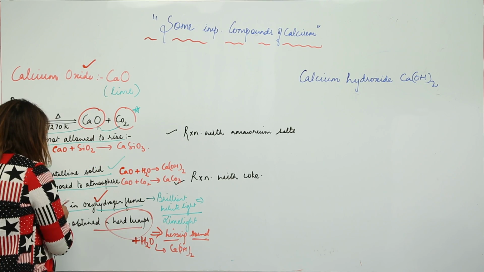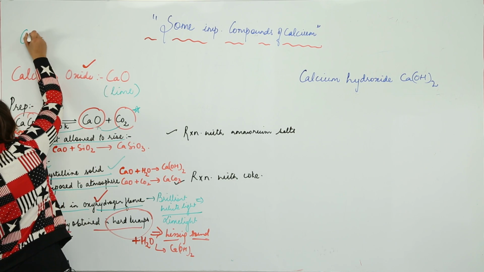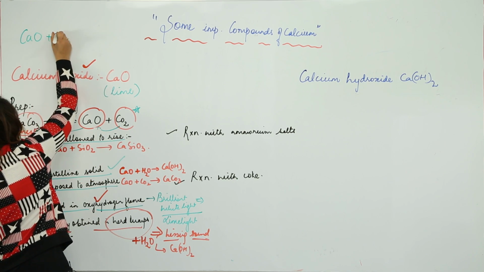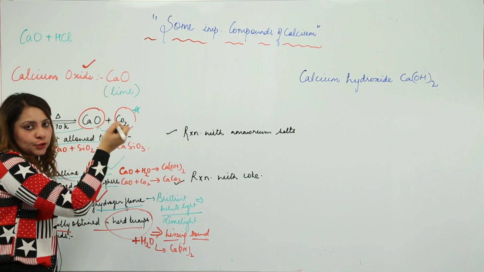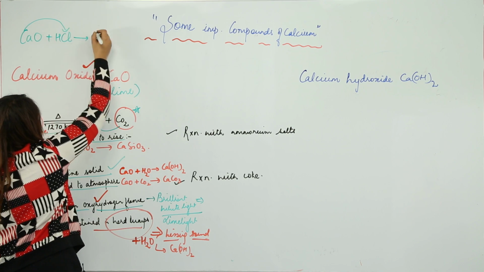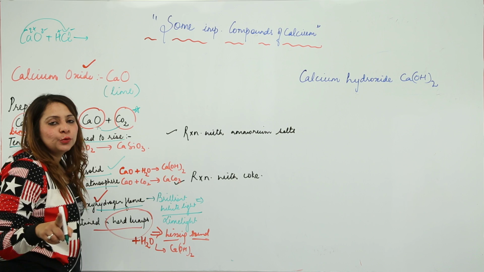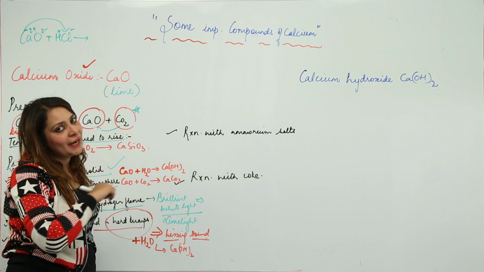Next is how they behave with acids. I am going to write the reaction here. Suppose I have the lime, and I am going to take an acid, let's say hydrochloric acid. How does the reaction occur? We know that it is going to react with this, and moreover we know the valencies also. Whenever you are doing a reaction, the first step is to write the valencies.